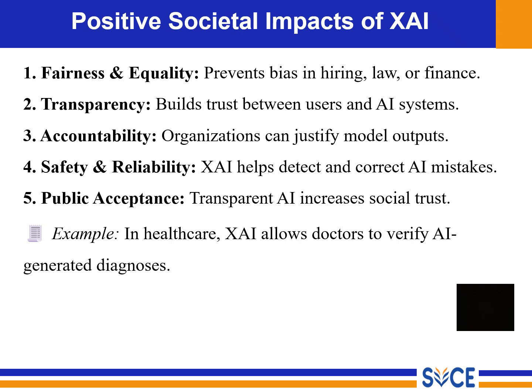Let me give one more real-time example. In healthcare, XAI highlights why a patient was marked high risk. Doctors can cross-check, patients feel safer, a win-win situation. So next time you see an AI decision, ask yourself, does it explain itself? If yes, that's XAI making society better.